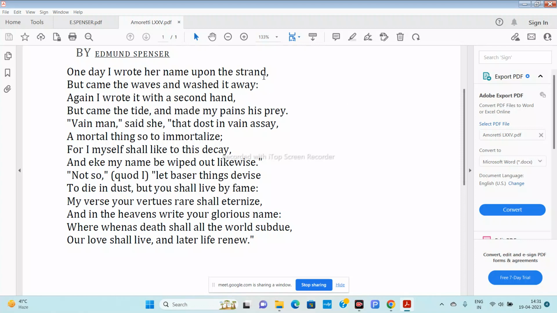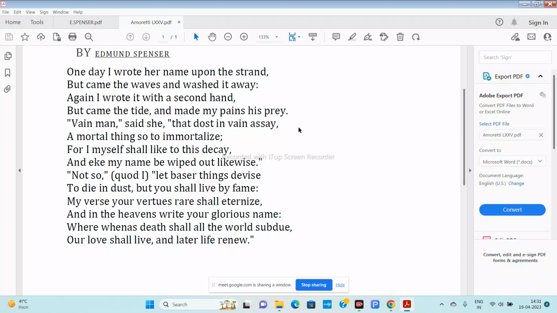The last word of the first line is strand, but it does not rhyme with the last word of the second line. So we designate this as A and this as B, A, B. Now this is hand. It rhymes with strand, but not with away. So this is A and this is A. A, B, A, B. Away, pray. A, B, A, B.